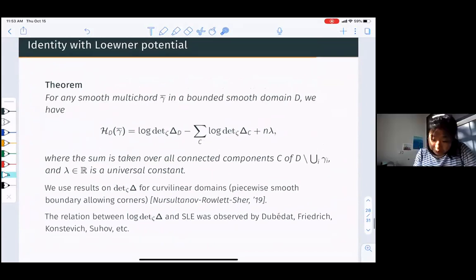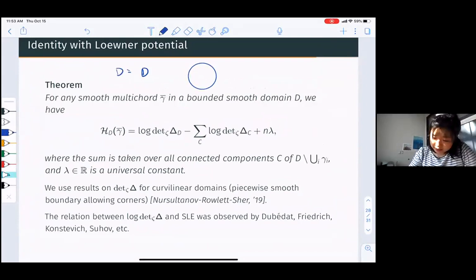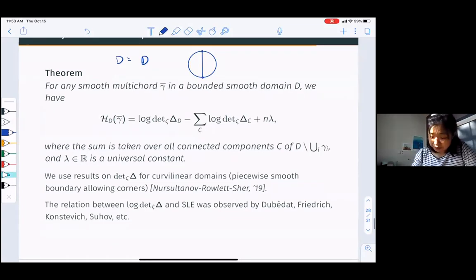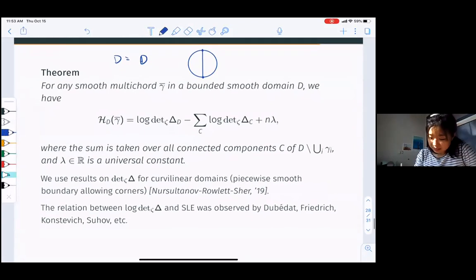To compute lambda, one can, for instance, consider the case of a half disk, and in this case one can compute explicitly what this is.